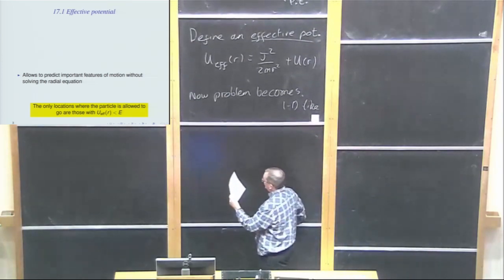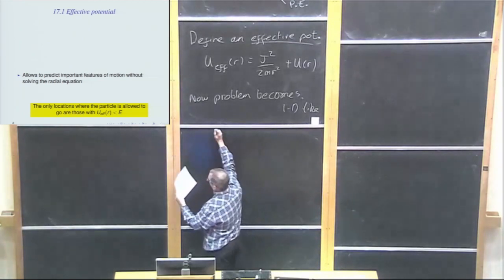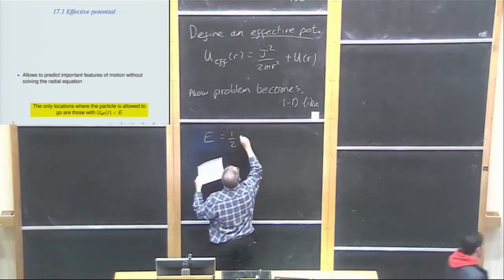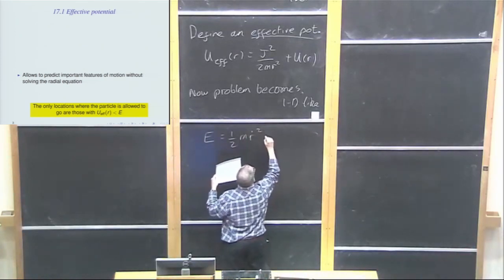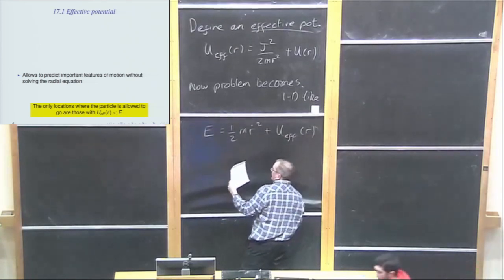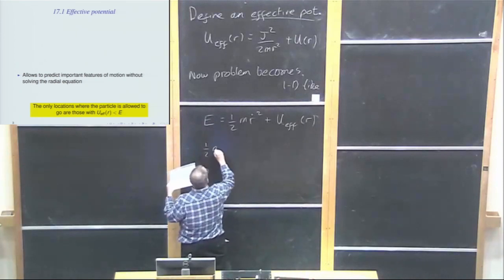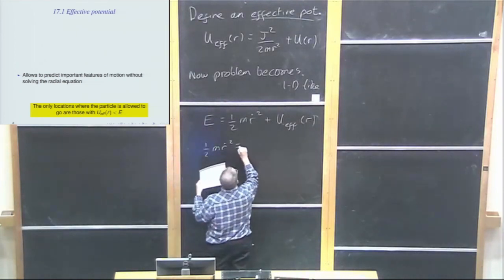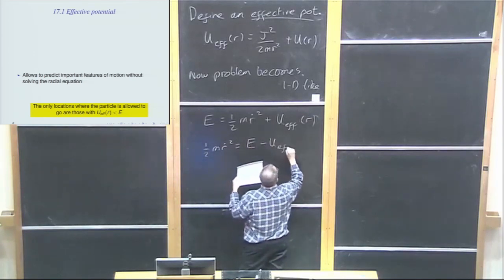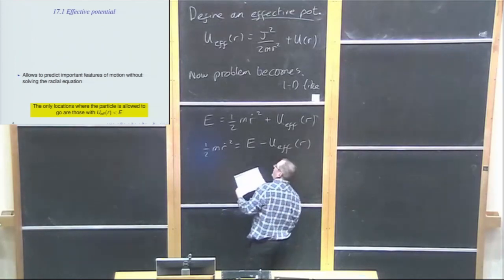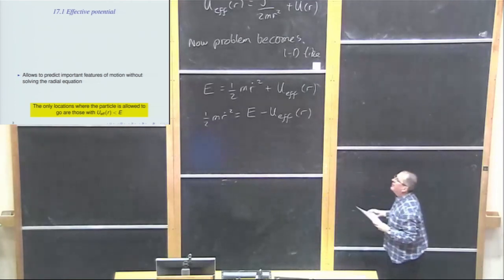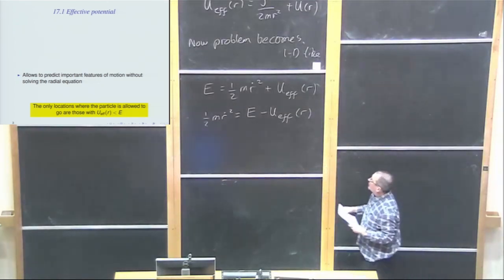For starters, let me just write what we have. We have E equals a half m r dot squared plus U effective of r. Well, let me do a trivial rearrangement. So just put the half m r dot squared on the left-hand side. And why have I done that? Well, because this is r dot squared, we know that the left-hand side has to be positive, or 0.